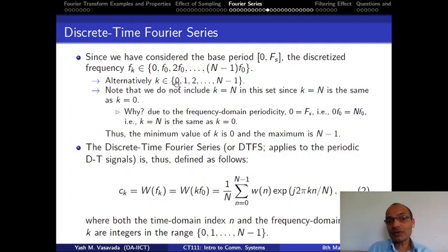Therefore, k has to be from 0 to N minus 1 as well. We cannot include k equal to N in this set. Why not? Because remember, 0 is equal to F of s. So 0 times f0 is equal to N times f0, and so k equal to N is the same as k equal to 0. So the minimum value of k is 0 and the maximum is N minus 1.